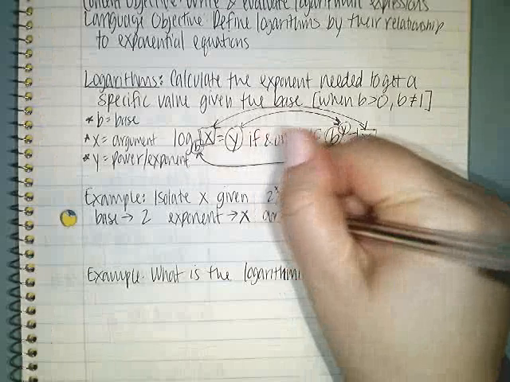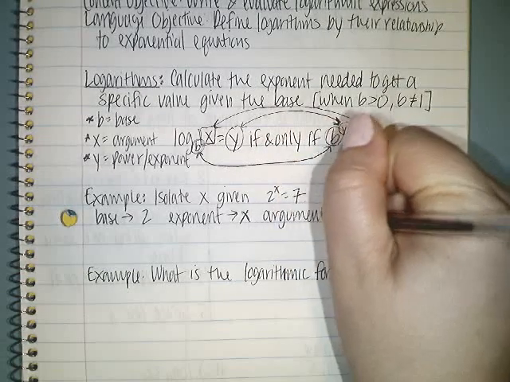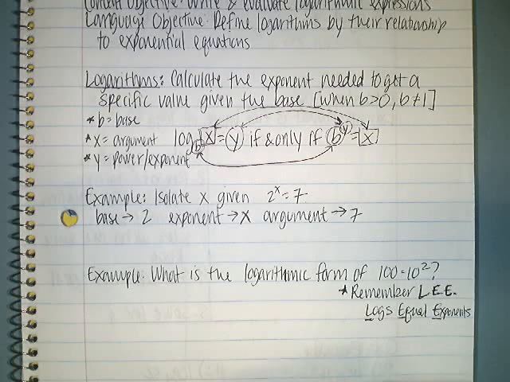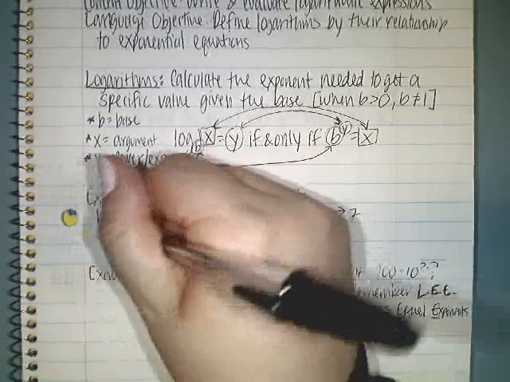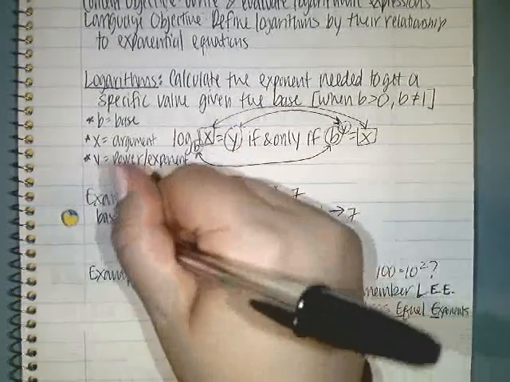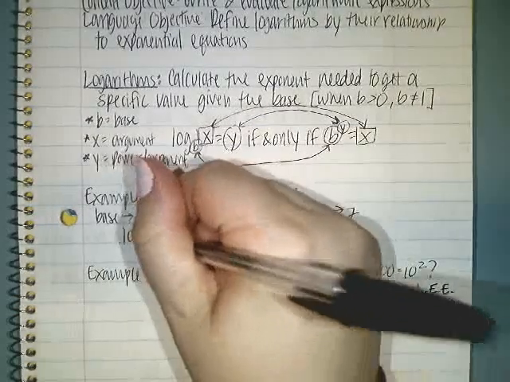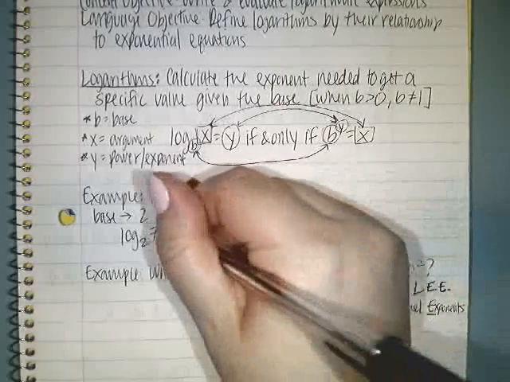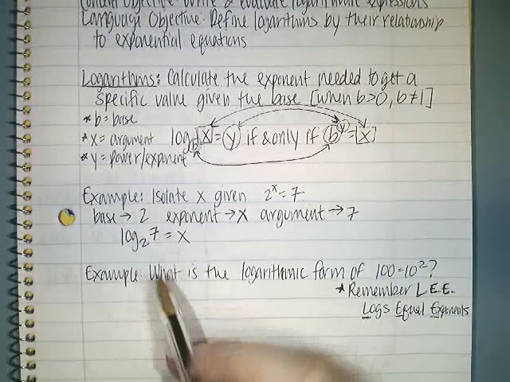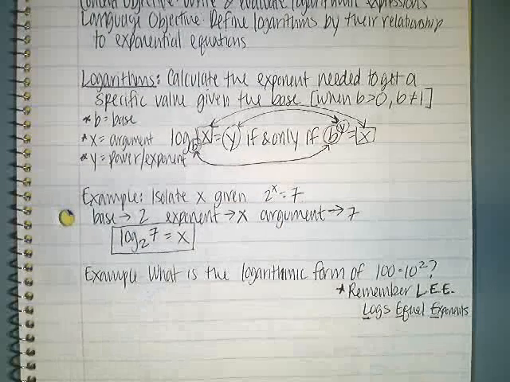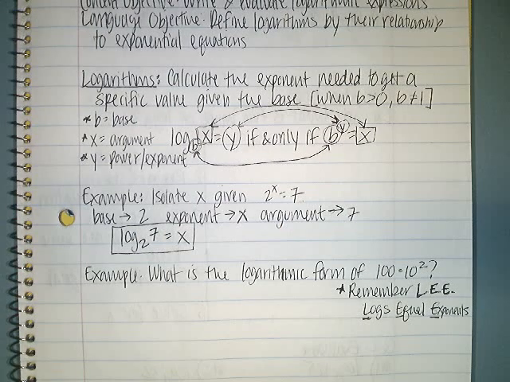And my argument is the only thing left, so that must be 7. Then I'm just writing this in logarithmic form. The base is always the same as the base. The argument, what goes inside the log, would be 7. So as you can see, I've successfully isolated x by rewriting it in logarithmic form. So log base 2 of 7 is equal to x.